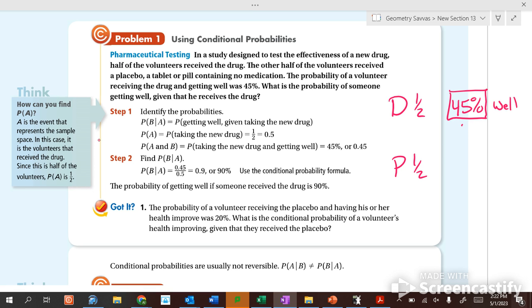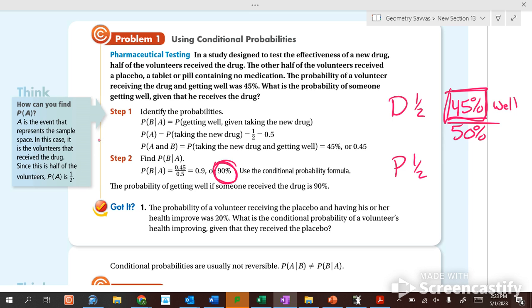So you have to take 45% of the 50%, because 50% of people received the drug. So 45% is 90% of 50%, meaning 90% of the people who received the drug got better. If you received the drug, you had a 90% chance of getting better.